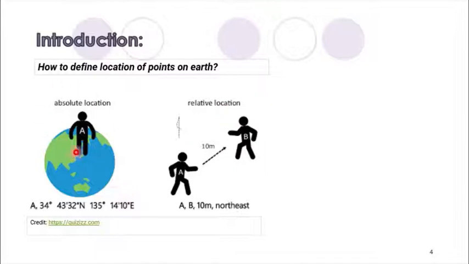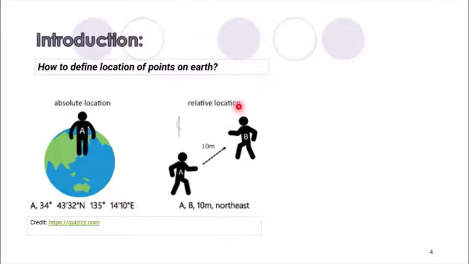In figure A, the location of point A is defined in terms of its location on the Earth, its latitude, 34 degrees, 43 minutes, 32 seconds north, and its longitude, 135 degrees, 14 minutes, 10 seconds.